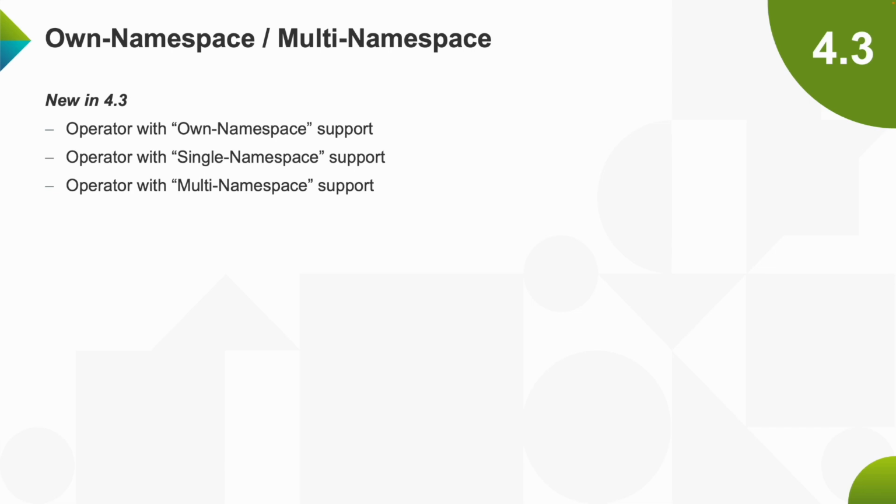The main difference to own namespace is that the Microgateway operator is deployed in a different namespace than the protected workload. Since these two installation modes are quite similar, the single namespace mode is not explained further in this presentation.